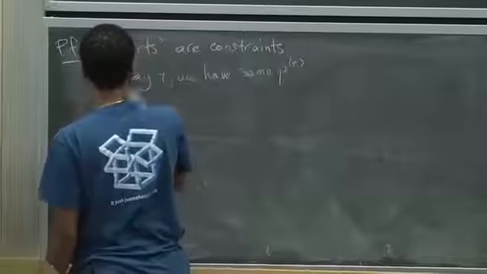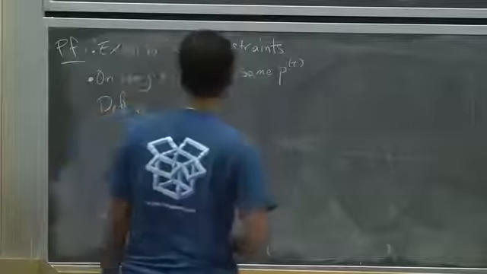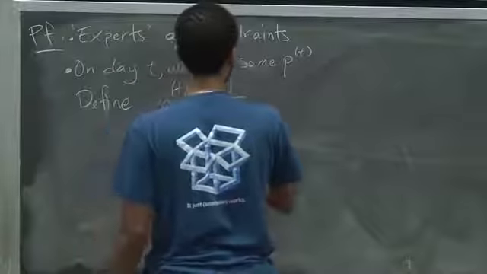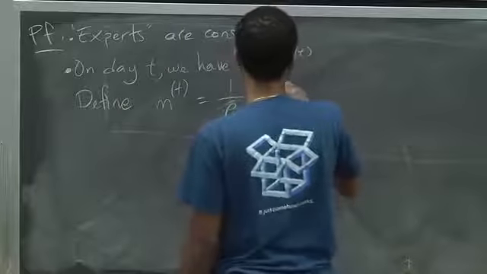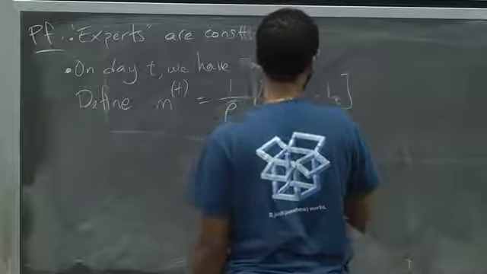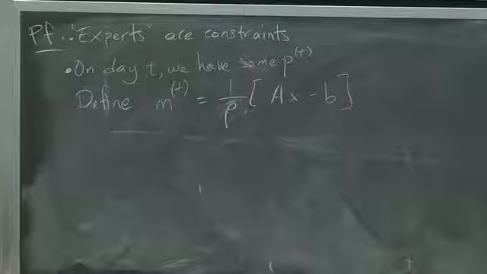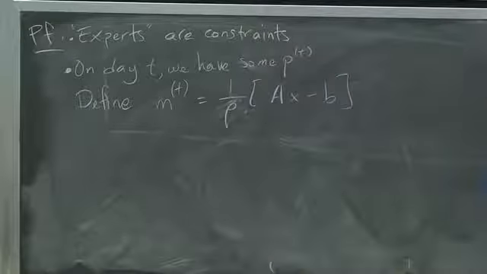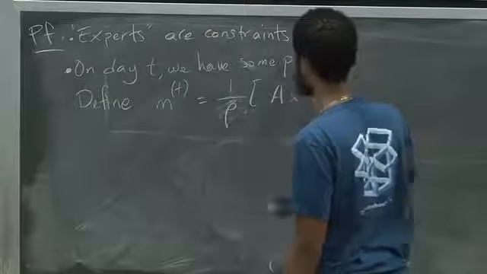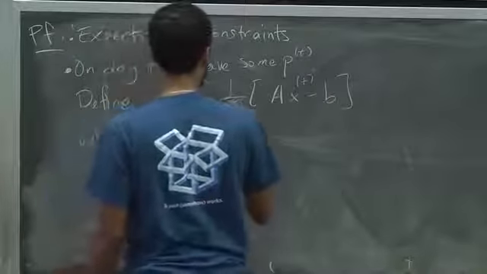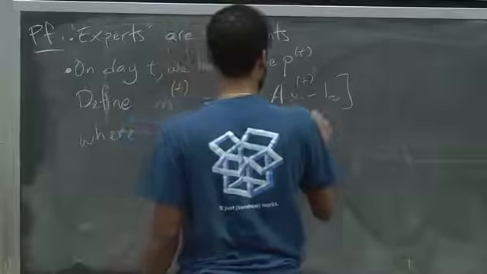We define the cost vector mt to be 1 over rho times Ax minus b, or xt, where xt is the output of the oracle.